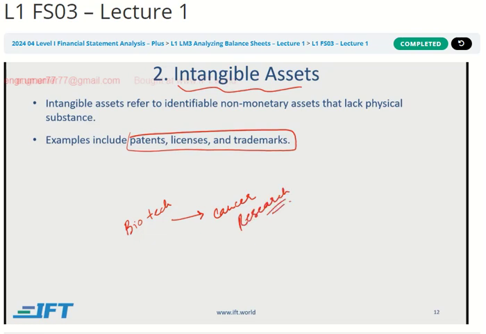All the money that they are spending on this research and development is focused towards getting a patent for the medicine for the cure of cancer, right? That is an example of an intangible asset, something that lacks physical substance, but of course it is definitely worth something.